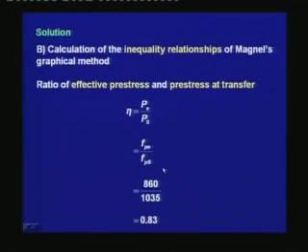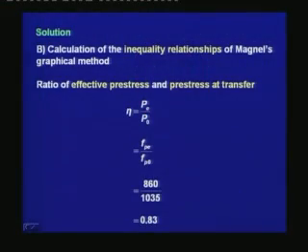Thus, at this stage, we have calculated the geometric properties of the section, and next we are calculating the inequality relationships from the stress conditions. First, we are calculating the ratio of effective prestress and prestress at transfer.